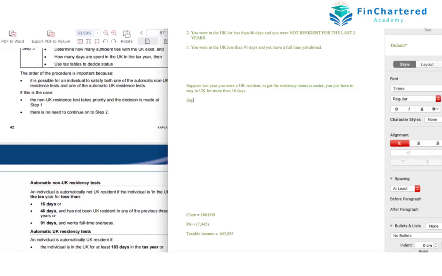So, suppose you have had no residency status in the past 3 years, then to be qualified as a UK resident, you have to stay in the UK for more than 46 days.